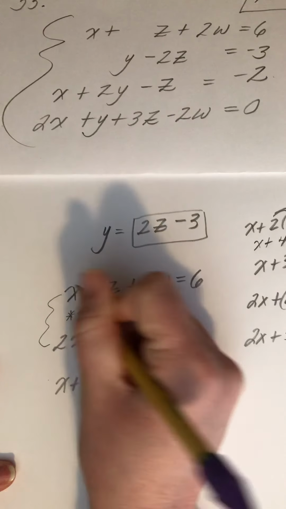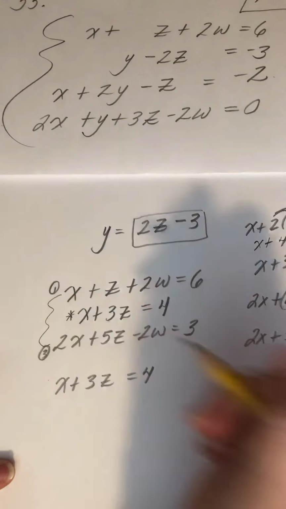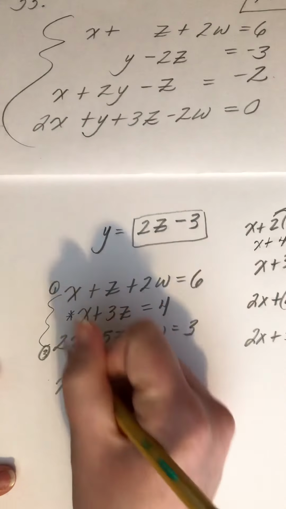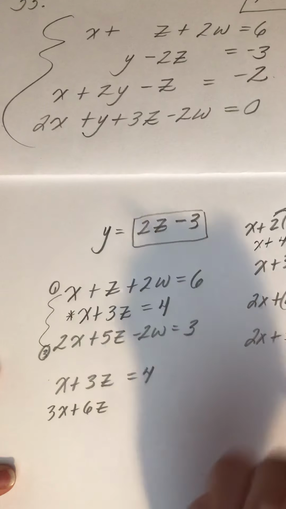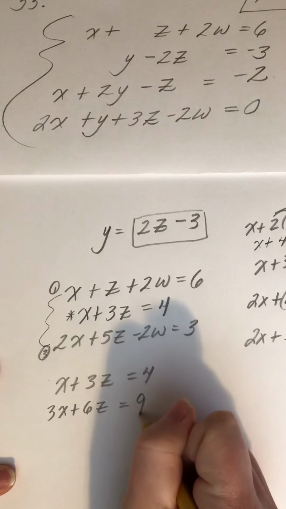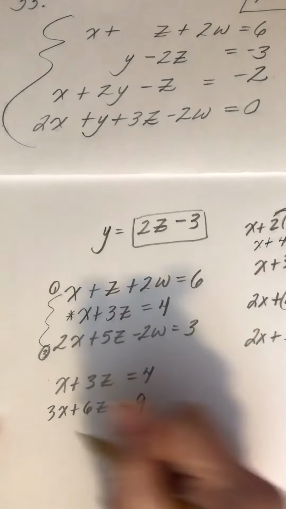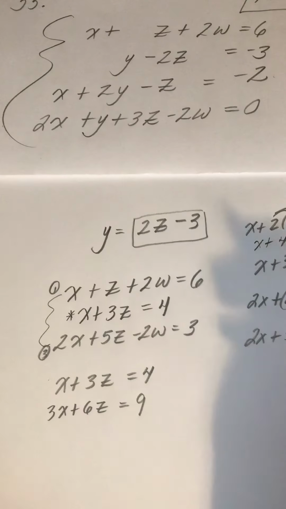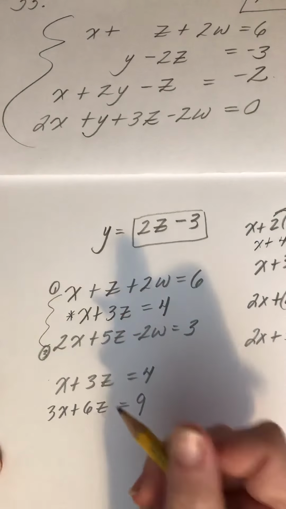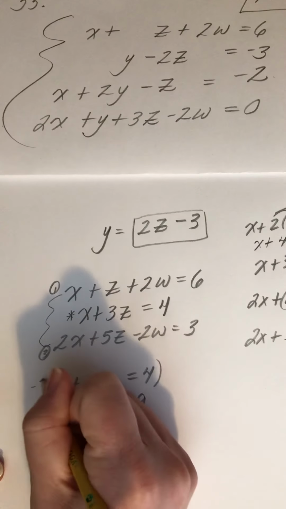And then when we combine equation 1 and equation 3 here, we are going to get 3x plus 6z. Looks like no w's, which is what we wanted, equals 9. So now from here, guys, you would just go ahead and continue, like start over your thought process again. We need to get rid of x or z. So I'm going to times this top equation by negative 3.